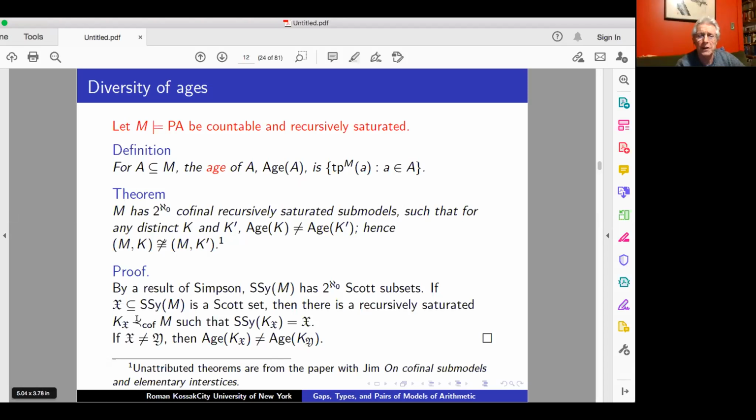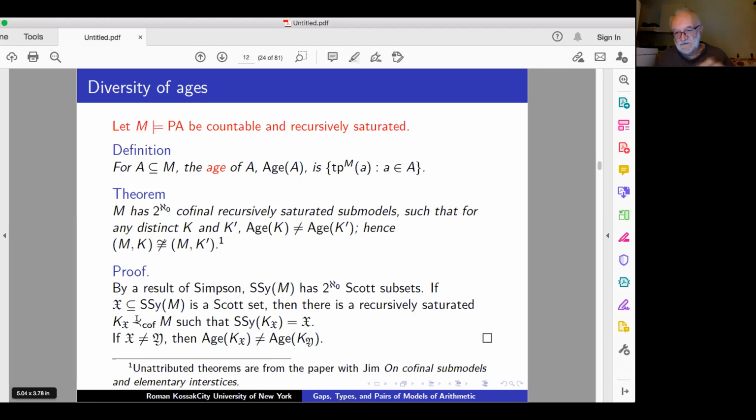What's the reason for calling it an age? Oh, this is what Alf was complaining about. There is no reason other than this is a nice word and it's used for finite substructures in modern model theory. They use this concept, an age of a structure, the different types of finite substructures.